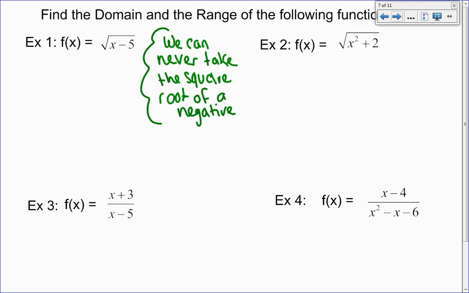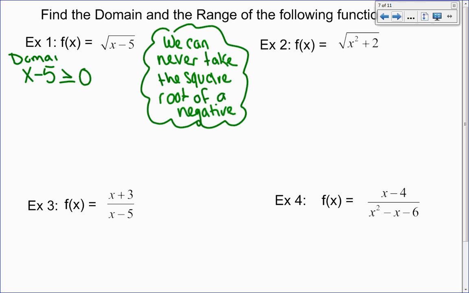This is what we're thinking, which means whatever is under the square root has to be greater than or equal to 0. So if we're finding the domain, this is the work that we show. x minus 5 is greater than or equal to 0. We can add 5 to both sides, which gives us x is greater than or equal to 5. And that's it. That's our domain.